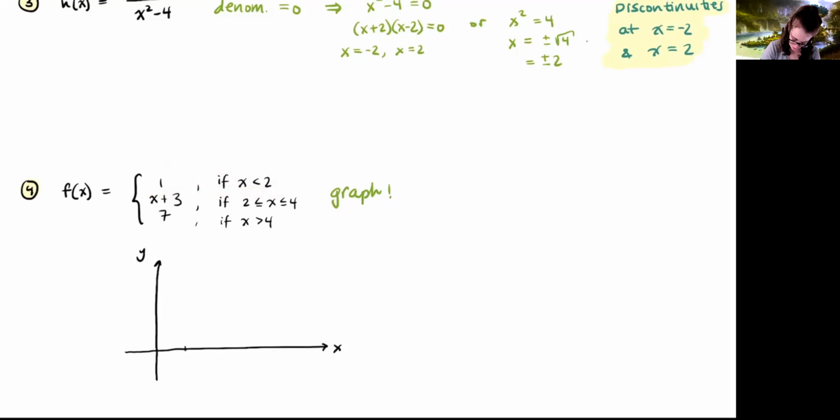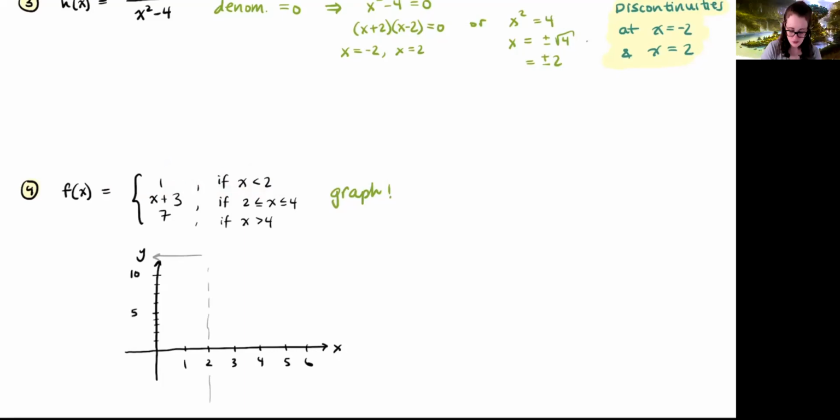So we've got 1, 2, 3, 4, 5, maybe 6. For x less than 2, that's everything from here back. We're going to have the function y equals 1. I'm just going to go up to 10 here. I'm not sure exactly what the y values are going to be, but this should be good.